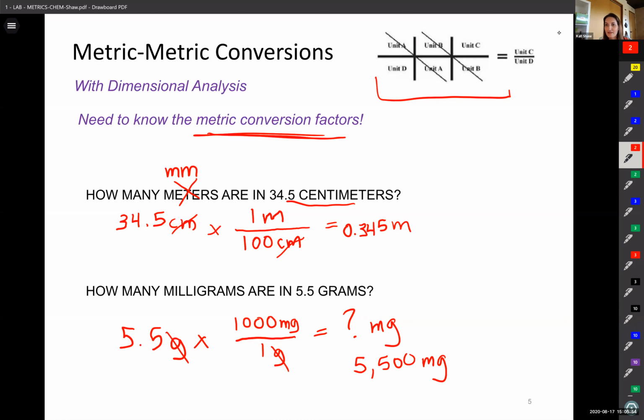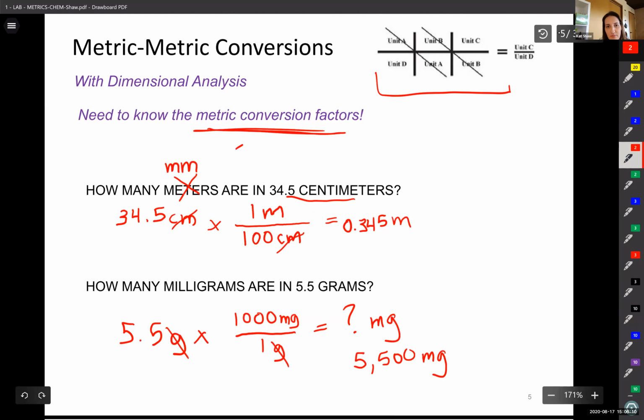Now, yes, there are quick methods where you can go directly from centimeters to millimeters, shortcuts that you can use if you're familiar with them. But I'm going to use the dimensional analysis just to show how you'd use that multi-step process. You have your first step, which we already show, the 34.5 centimeters. Multiply that by your conversion factor.